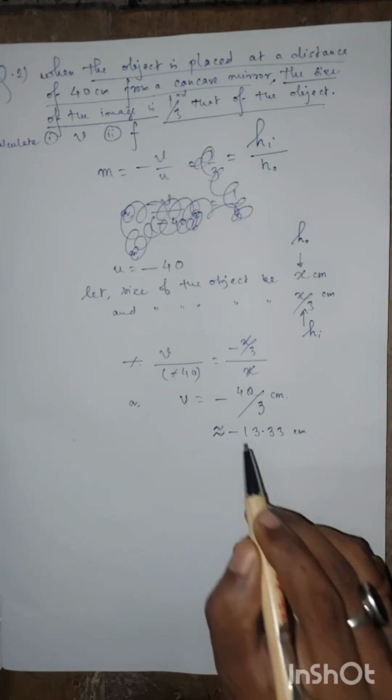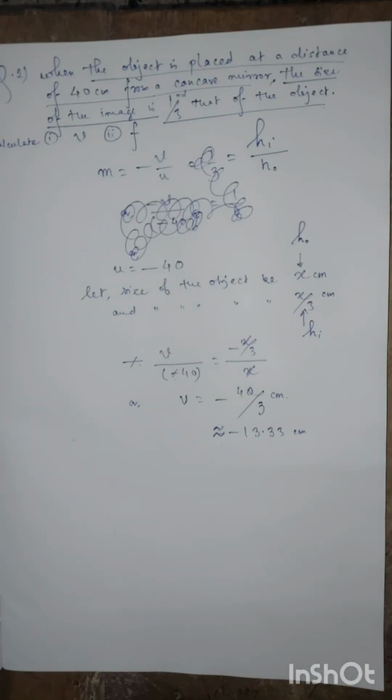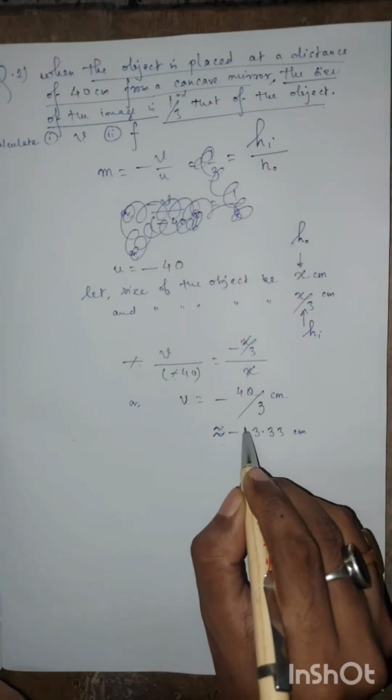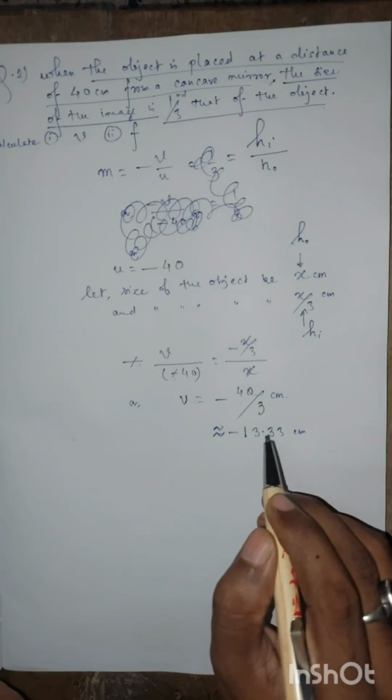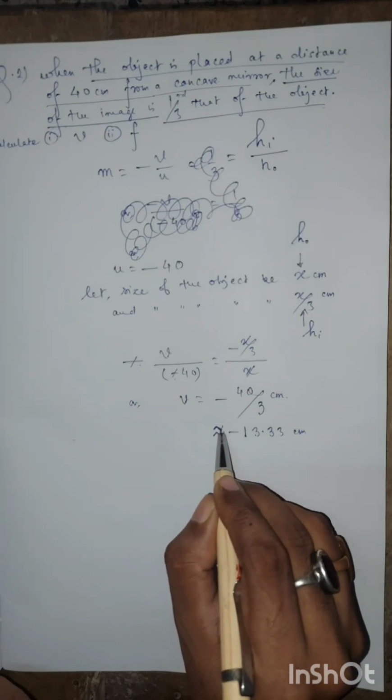So the image distance is 13.33 centimeter, which is in front of the mirror.